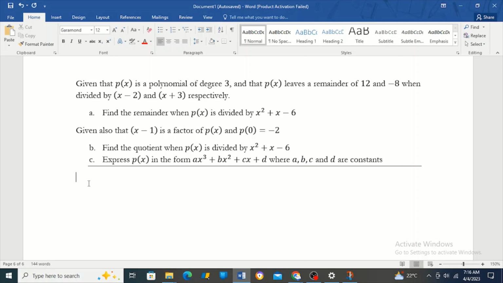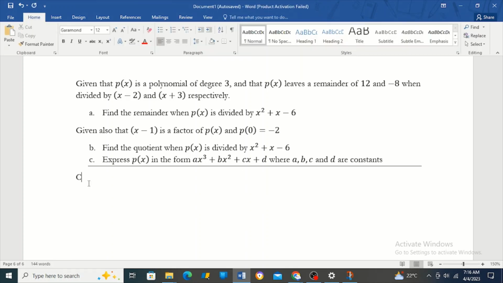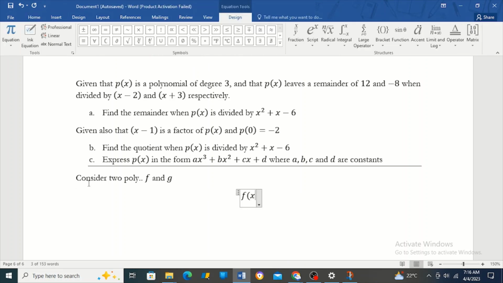Now the first thing to note is that if I have two polynomials, let's call them f and g, and I take f of x divided by g of x, how do I write it? It gives me what we call the quotient plus a remainder divided by my g of x, which is called the divisor. So this is how we write every division.